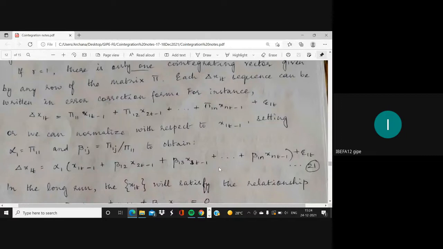I'll let you look at equation 21 for a minute. Let me know if you have understood it or if I need to explain it. Would you like me to explain equation 21 or is it something that you'll understand?